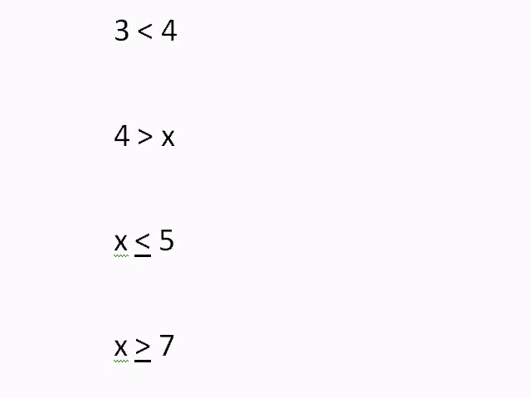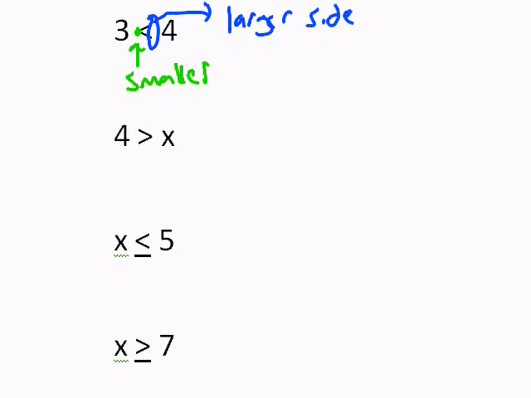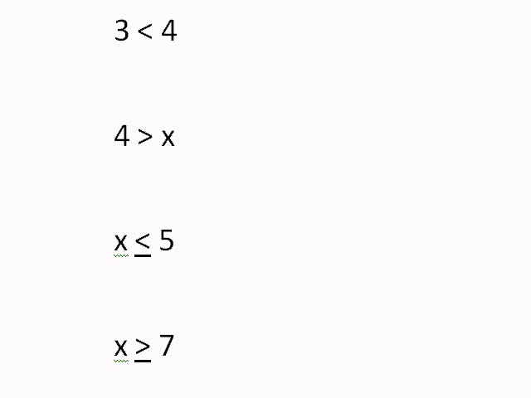As a quick review, the smaller pointy end of your symbol is always the smaller side. The larger end, that big open end right here, is always the larger side of the inequality. Now what this means for this particular problem is that 3 is less than 4.